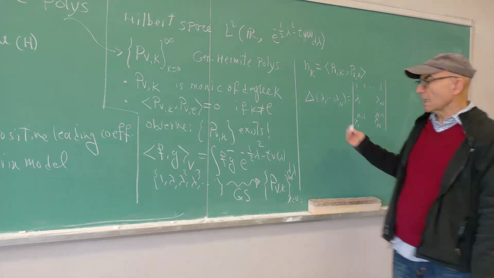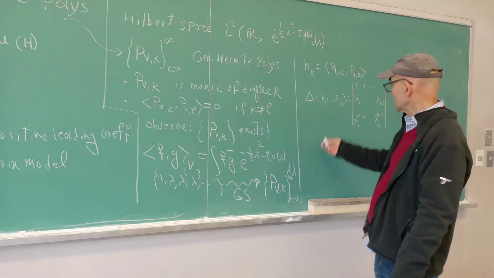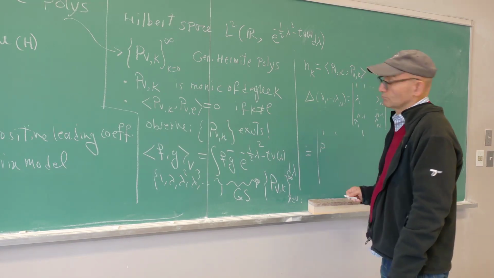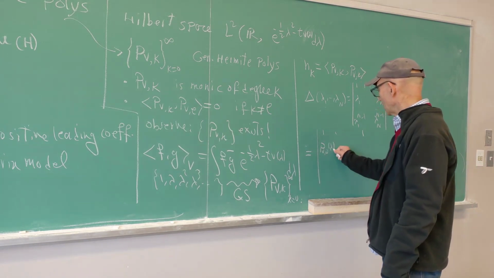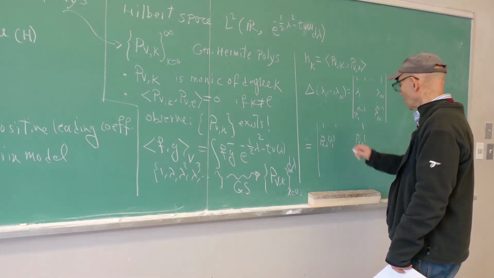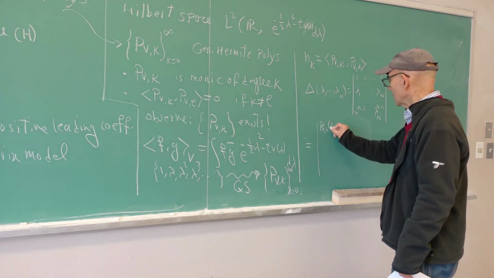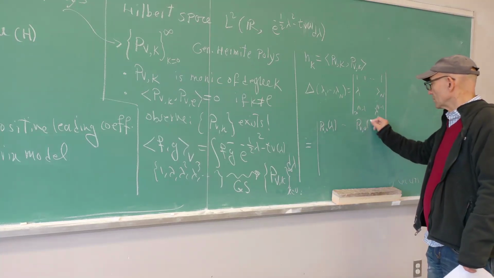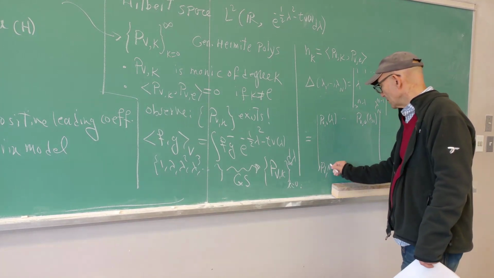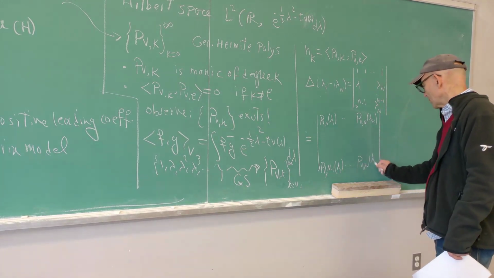And again, by the same argument that we used for the case of Hermite polynomials, we can apply it in this case as well to show that this is actually equal to the determinant of P_V,0 at lambda 1 through P_V,0 at lambda n, and so on down to P_V,n minus 1 at lambda 1 through P_V,n minus 1 at lambda n.